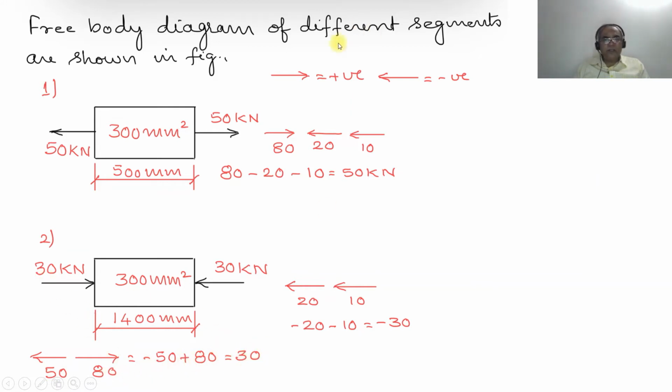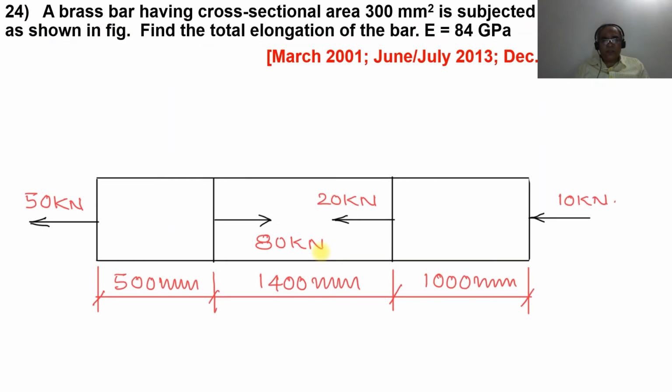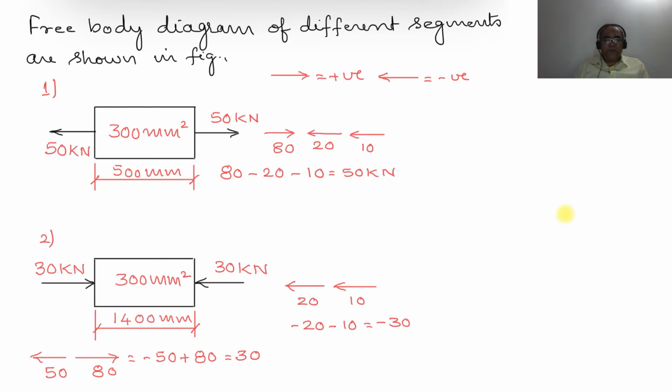Since 30 is positive, according to the sign convention, the 30 should act towards the right side. Then the forces acting on the right end are 20 kilonewton and 10 kilonewton, both acting towards the left side. According to the sign convention, acting towards the left side is minus. So minus 20 minus 10 will be equal to minus 30. Since it is minus 30, it is acting towards the left side.